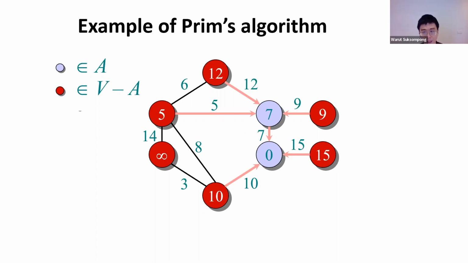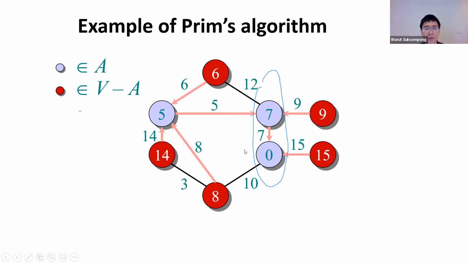Now we know that the tree is 2 vertices, the 7 and 0, and so we ask, what's the minimum weight edge that connects A to V minus A, that connects a vertex in A to a vertex in V minus A? That's the vertex 5, with the edge of weight 5. So we now include this vertex, and we keep going.